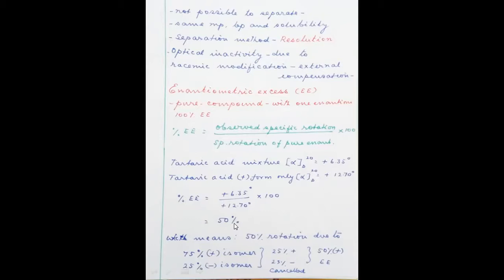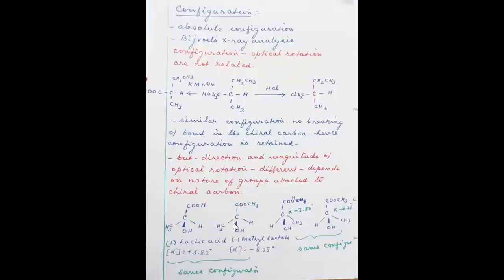And then you can look here, configuration. There are so many types of configurations. One is called absolute configuration, which is normally found out by Bijvoet X-ray analysis. The configuration and optical rotation, they are not related.